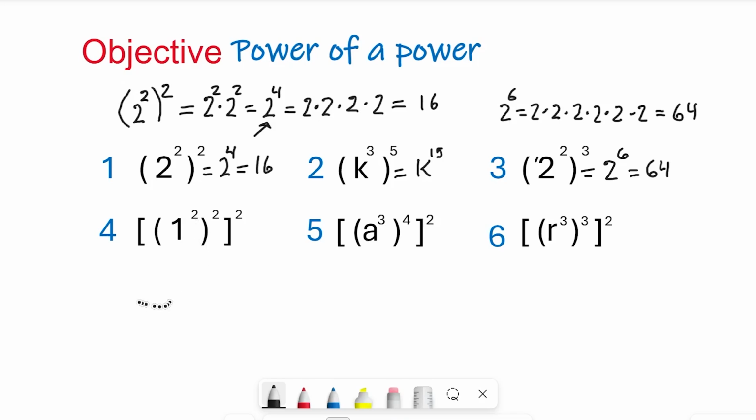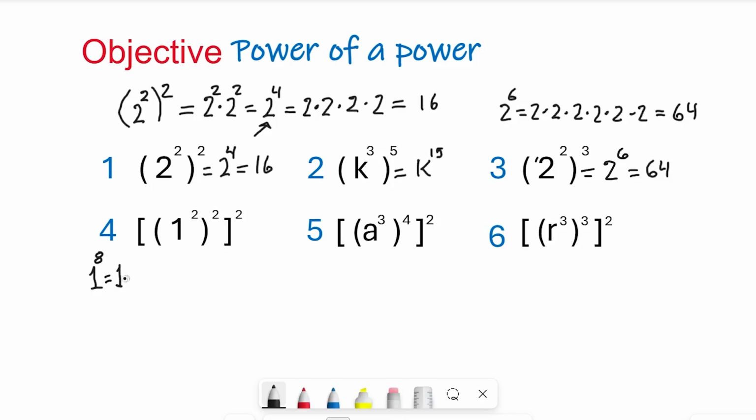All right. Well, to get the answer, I'm just going to multiply the exponents. So this is going to be 1 times, 2 times 2 is 4 times 2 is 8. So that should be 1 to the 8th power. So to get the answer, you're going to be looking at how many factors you have. You have 8 of them.